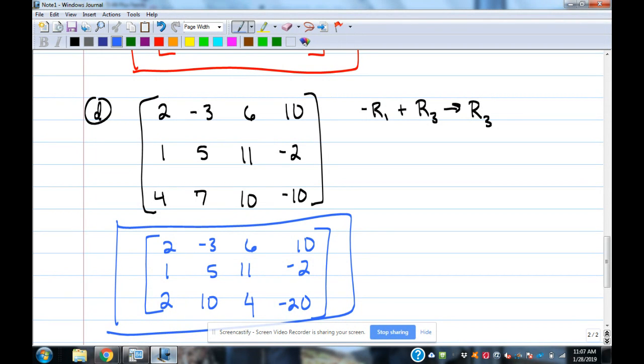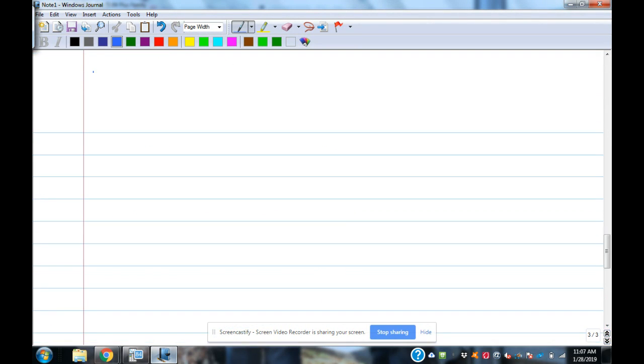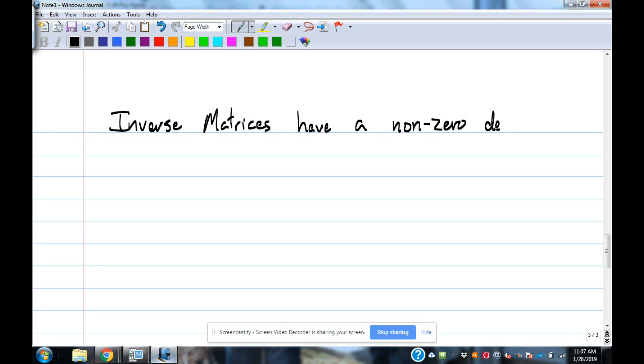Now, go to the inverse of a matrix. Okay, inverse matrices or invertible matrices.